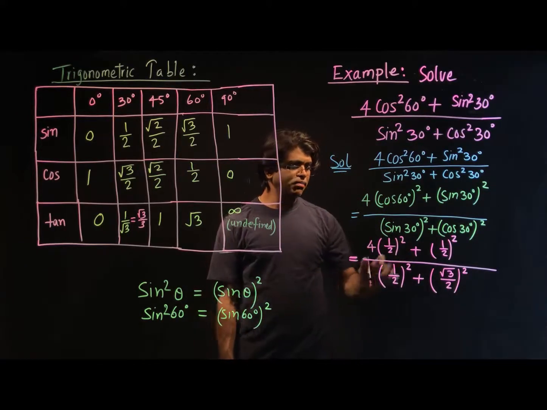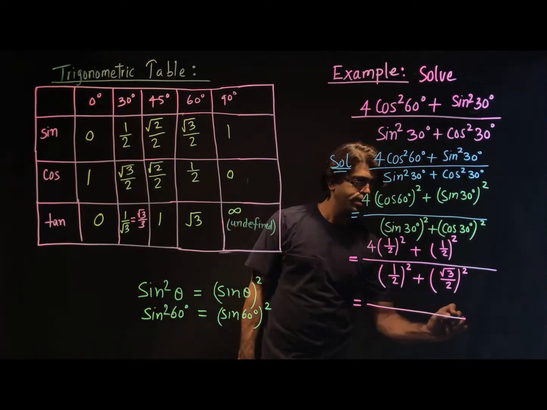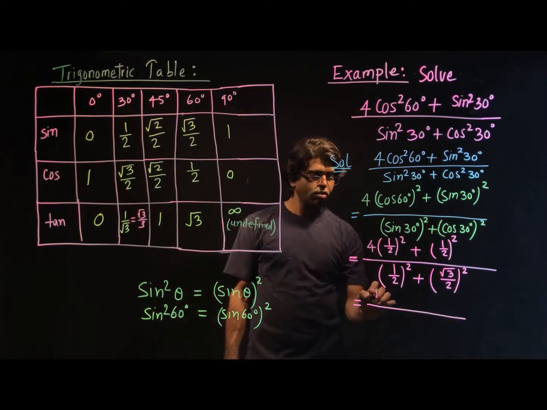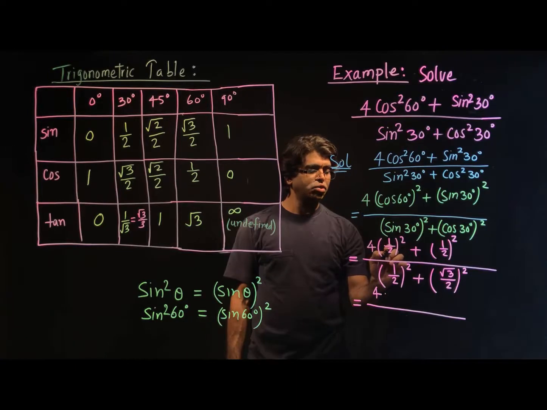Alright, now let's simplify further. We have 4 and then 1 over 2 squared, which is 1 squared is 1 and 2 squared is 4.